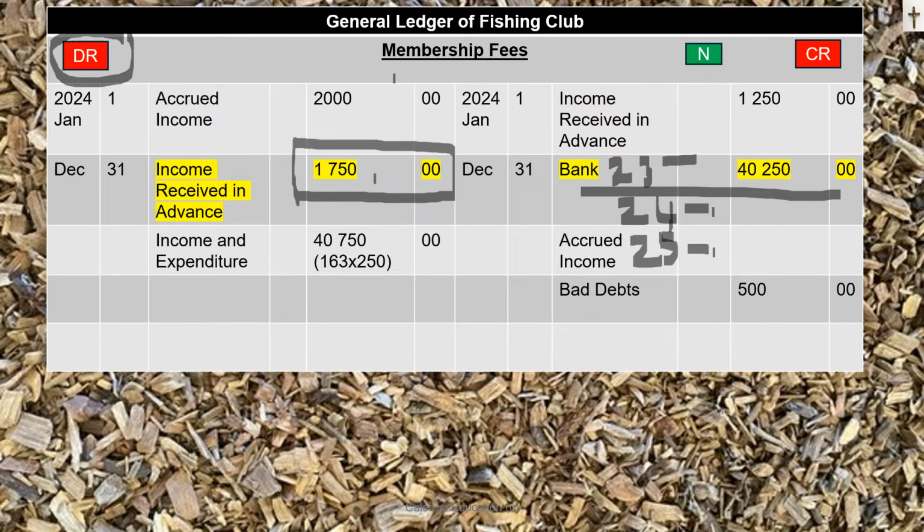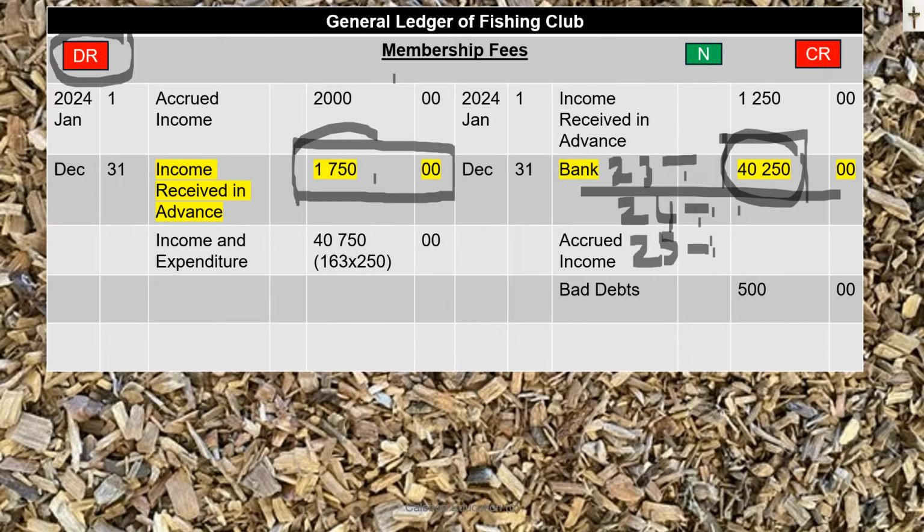Then there was money received which relates to 2025, but we need to record all the money that we received in the current year, and it comes to 40,250. You can go back to the previous slide and see the breakdown of what related to 23, what relates to 24, and what relates to 25. But we received all the amounts for each of these years in the current year, so it should be recorded.